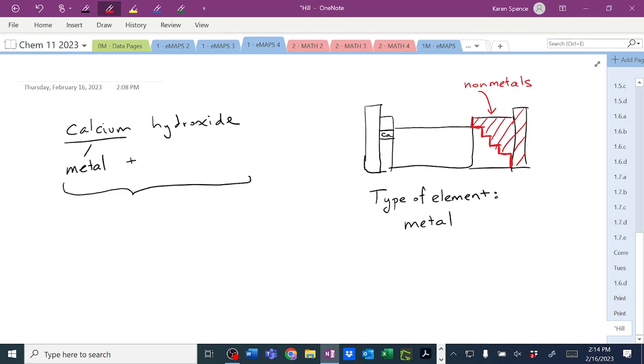Is that it for the nonmetals, or are there any more? Hydrogen. Hydrogen is also a nonmetal. The rest of them are all metals.